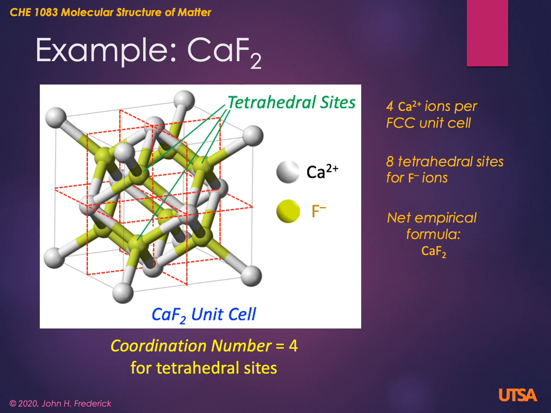If it turned out that this should appear in a 1-to-1 ratio, only half of the tetrahedral interstitial sites would be filled by the ion of the opposite charge. So in this way, the relative charges of those ions really do dictate what kind of solid structure it has in the ordered array.